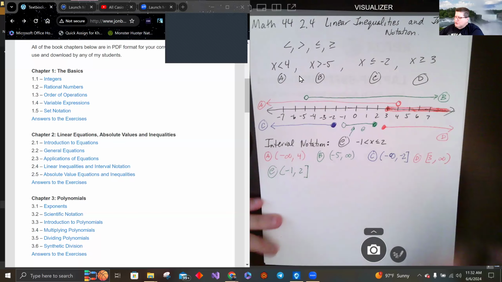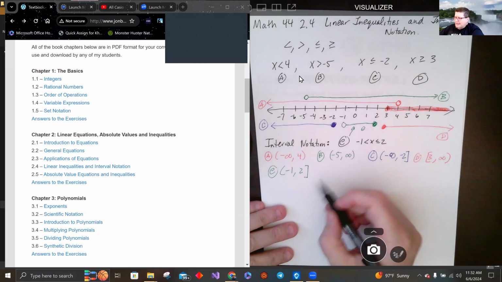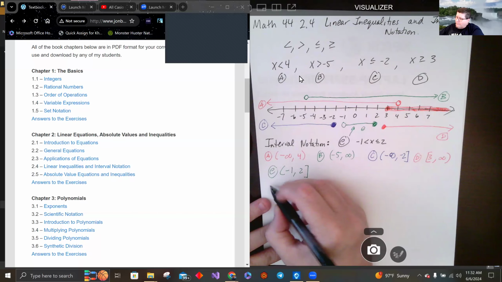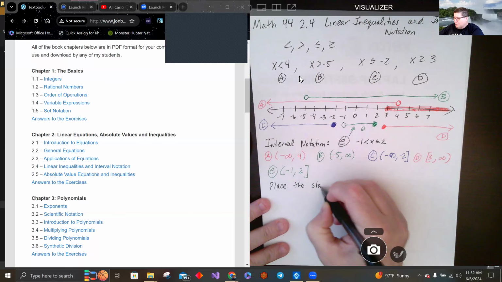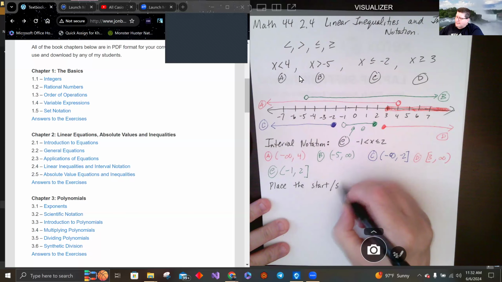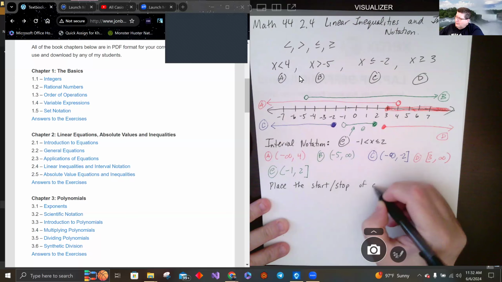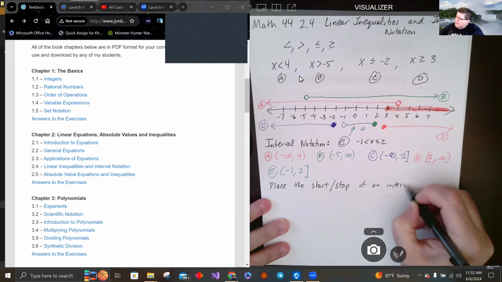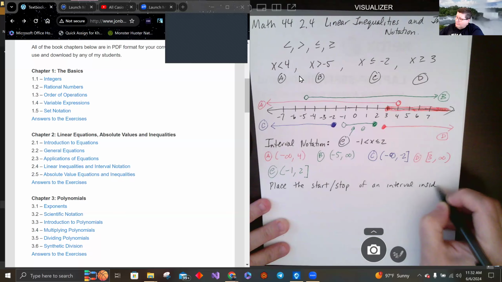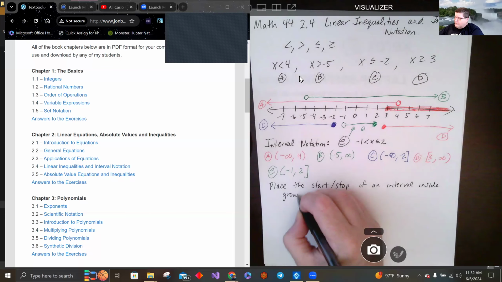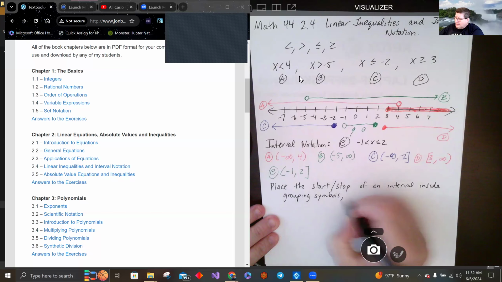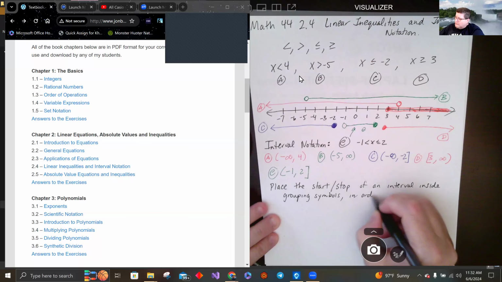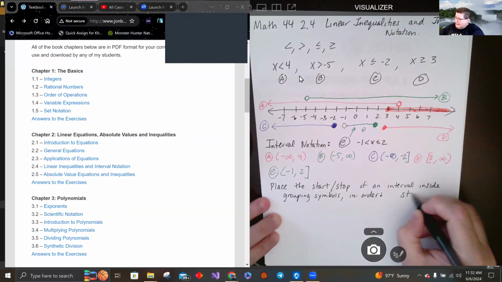So the way interval notation works is we're putting the start and stop of an interval inside grouping symbols, in order. So we have start, stop.